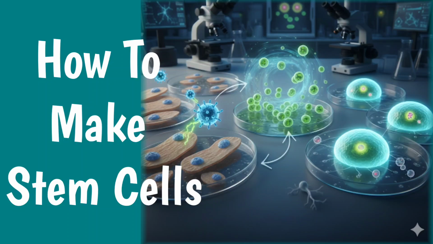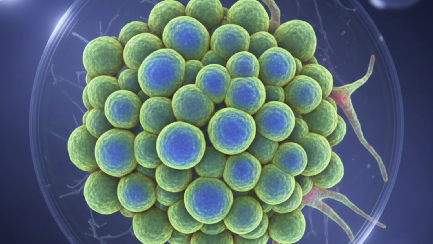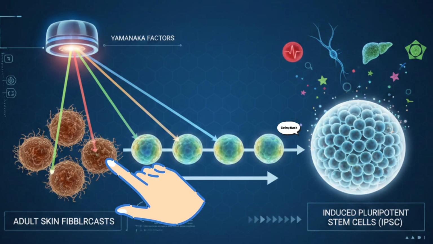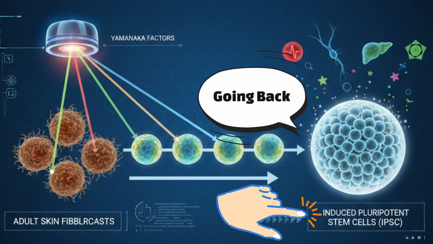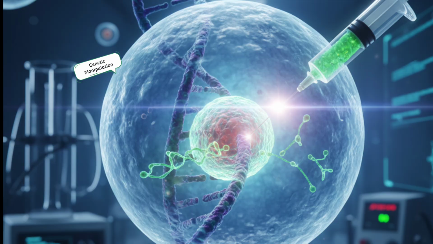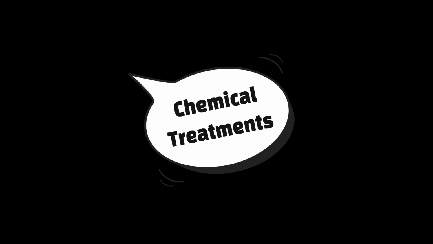How to make stem cells? The stem cells are made by reprogramming adult cells like skin or blood cells into a stem cell-like state using methods like genetic manipulation or specific chemical treatments.